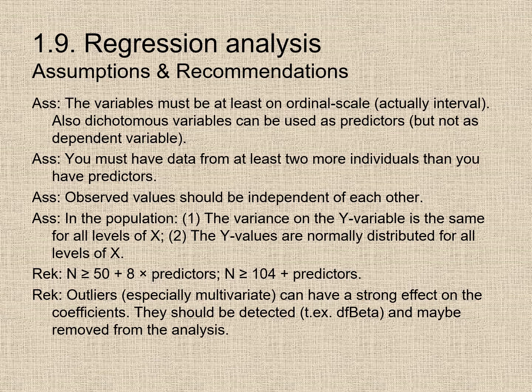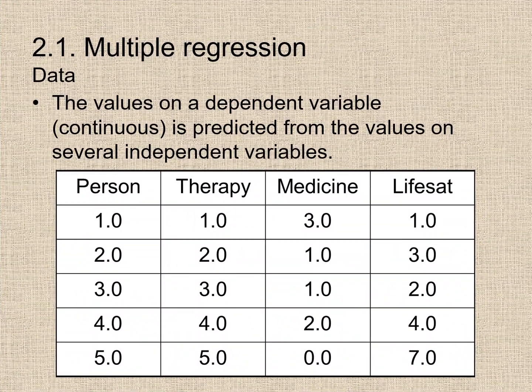So now we come to multiple regression. We still have one dependent variable, one continuous dependent variable. And we're going to predict what value people have on this dependent variable based on what values they have on two or more independent variables.